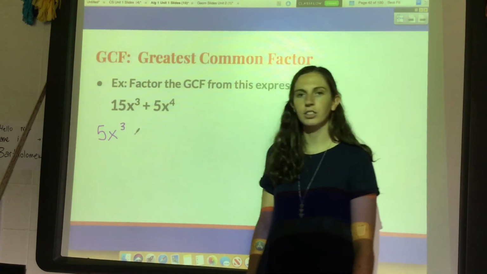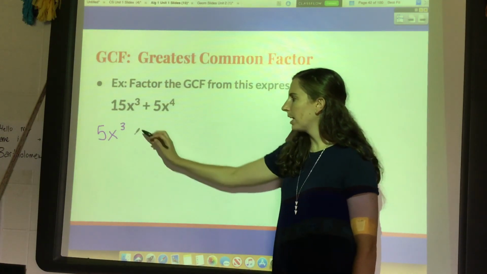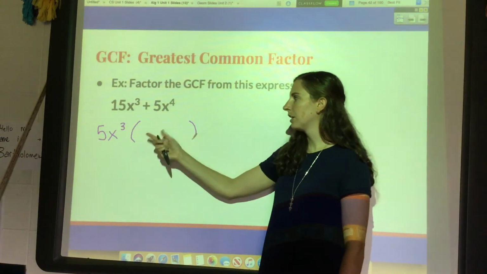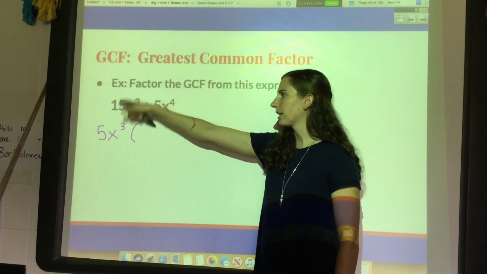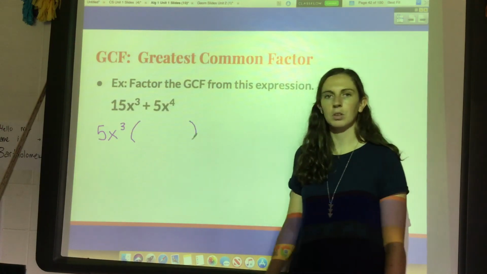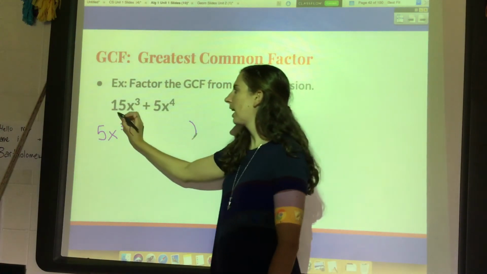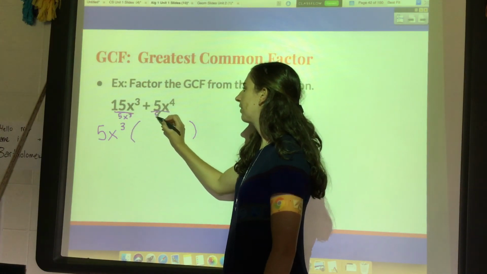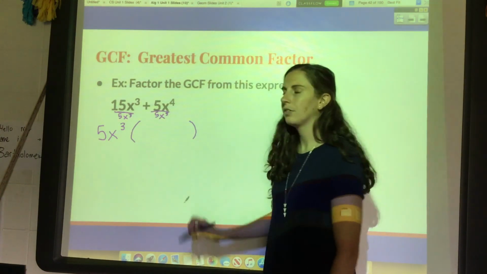So that's my GCF. And then in parentheses, you always want to write down what's left. After I take out the 5x cubed from both of these terms, what's left? Like when I divide this by 5x cubed and I divide this by 5x cubed, what's left over?